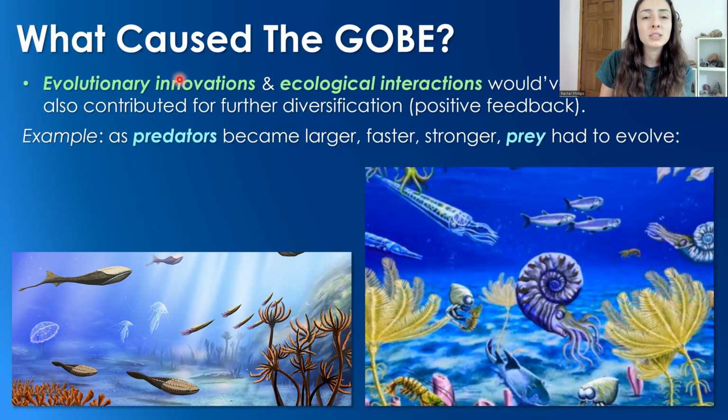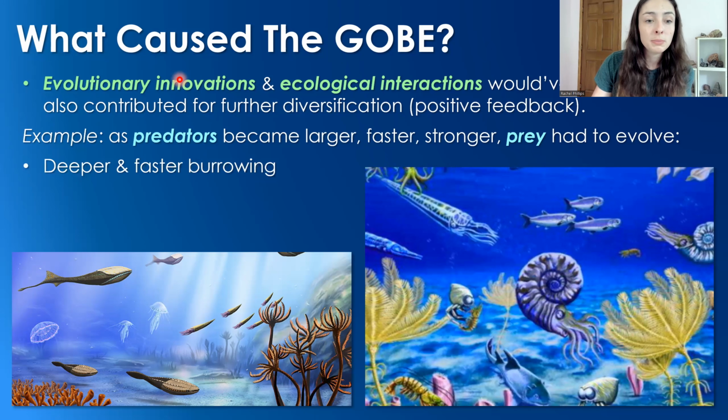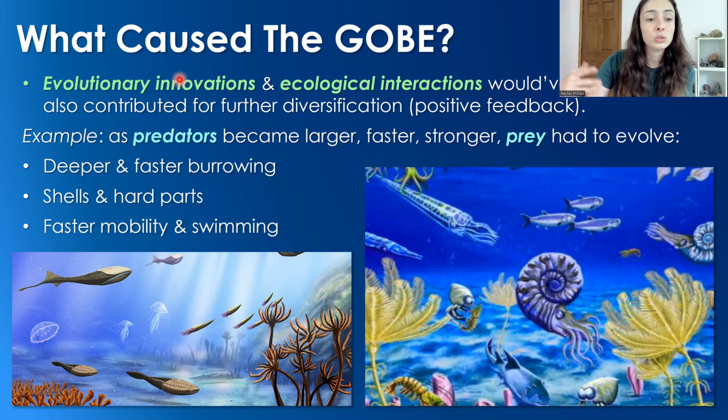For example, as predators became larger, faster, and stronger, prey had to evolve to burrow deeper and faster, to grow shells and hard parts, to have faster mobility in swimming. And so, like I mentioned earlier, all of these things did really increase the diversification during not only the Cambrian, when hard parts first exploded, but also during this event. The further diversification just caused more diversification.